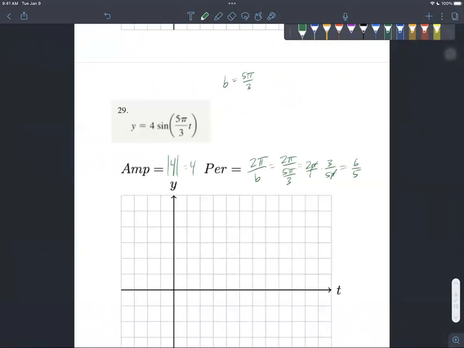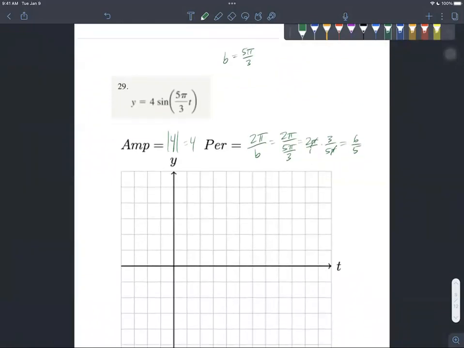So, what are my increments going to be in the horizontal axis? Remember, I take the period and I divide it by 4. So the period 6 over 5 divided by 4, or we can call that 4 over 1. So that's 6 over 5 times 1 over 4. If we reduce by a factor of 2, we get 3/10.